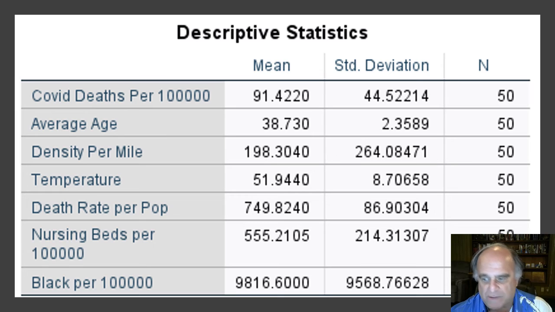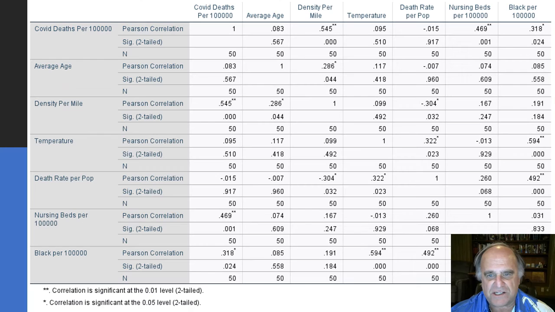And then since we're dealing with correlations, I calculated correlations to see what correlated with COVID deaths per 100,000. And you can see, if you look at this chart, what it shows for each variable: the Pearson correlation coefficient, the probability level associated with that correlation coefficient, and then, of course, whether it's significant at the 0.05 or 0.01 level.